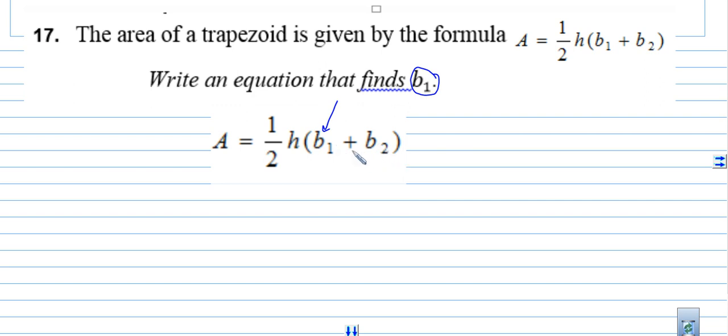So what we're going to do is figure out what has been happening to b1. First thing it did, if you follow the order of operations, is you would add b2 to it. Then you've multiplied it by h. And then you've also multiplied it by 1/2.